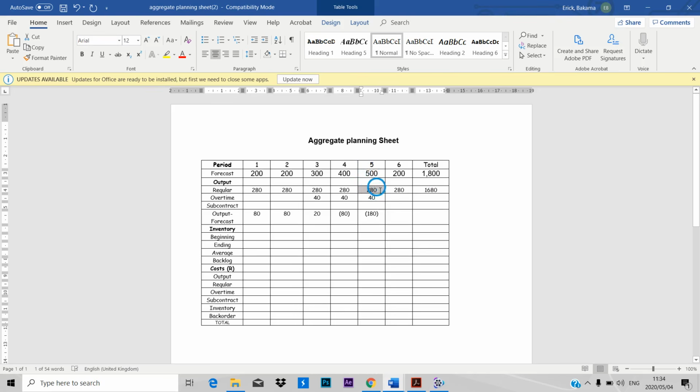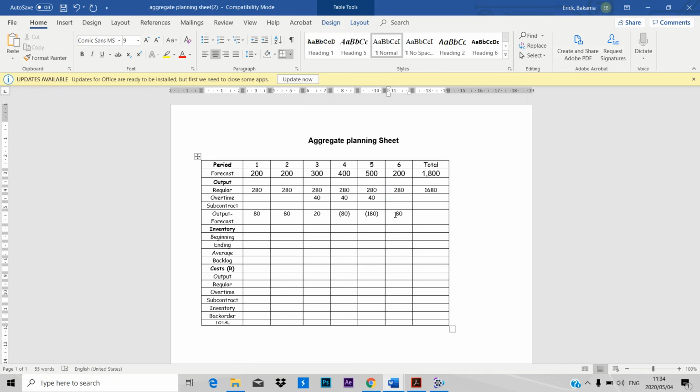Now we go to period 6. The customer wanted 200 units, but we were able to produce 280 units. So in this case we are fine, because we produce more than what the customer wanted and we don't need overtime anymore. We just have a positive 80.